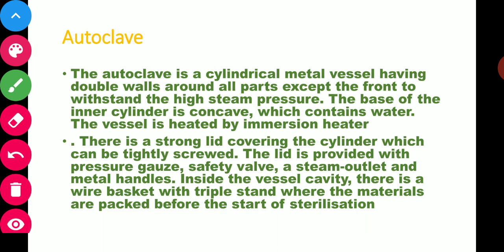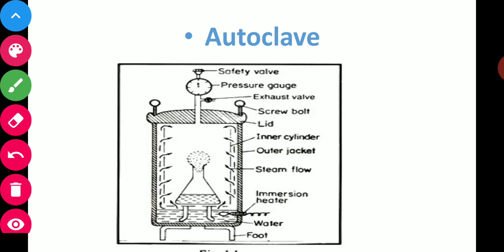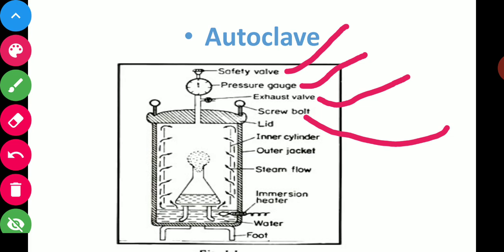Here we can see the autoclave. This is the safety valve, this is the pressure gauge, this is the exhaust valve, there is a screw bolt on the lid, and basically this is the lid.